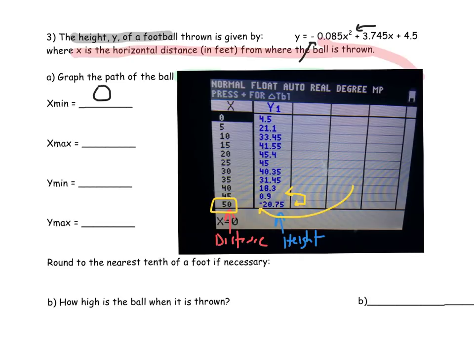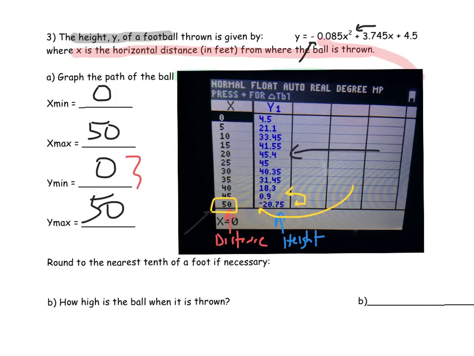As far as an appropriate viewing window, I'm going to set my x min to 0 because the horizontal distance can't be negative. The x max I'm going to set at 50. The y min I'm going to set at 0. And the highest height that I see for the y max is a little over 45, so maybe I'll go from 0 to 50 for the y's.